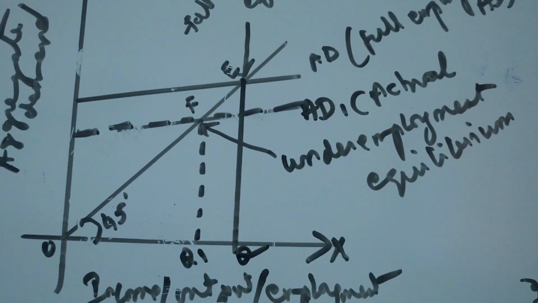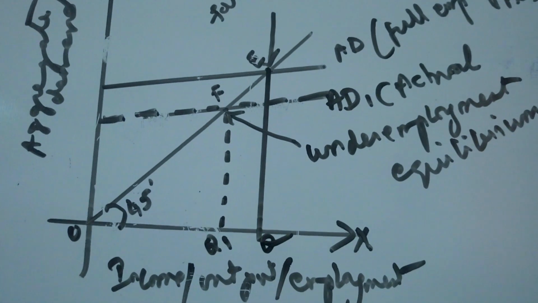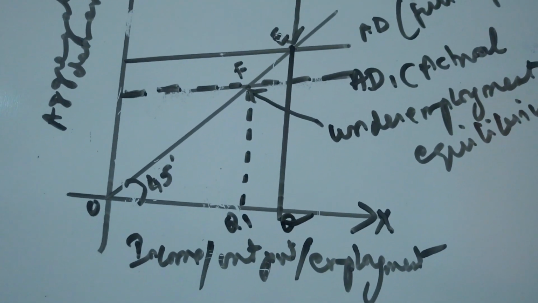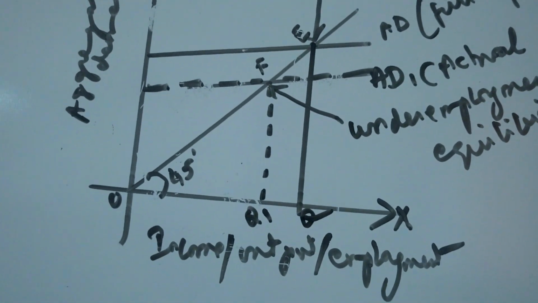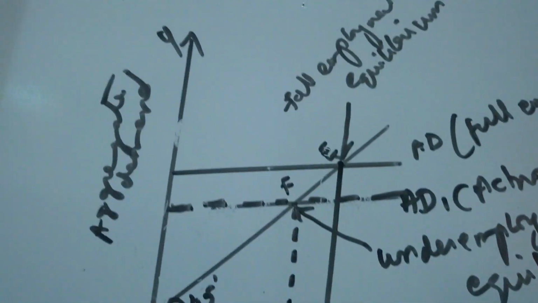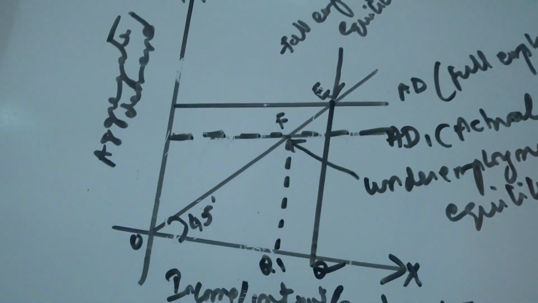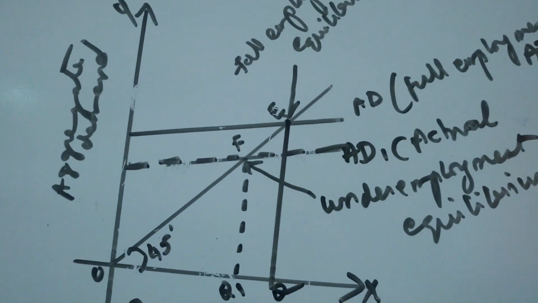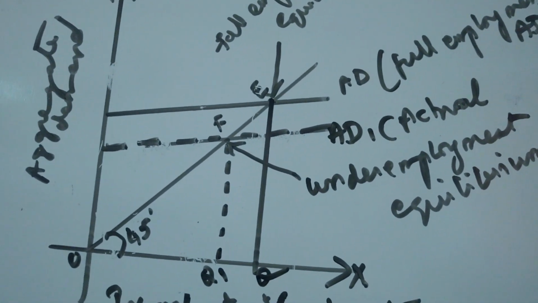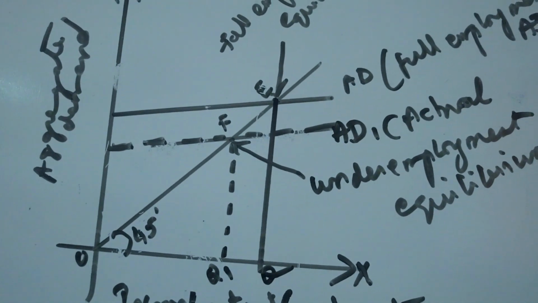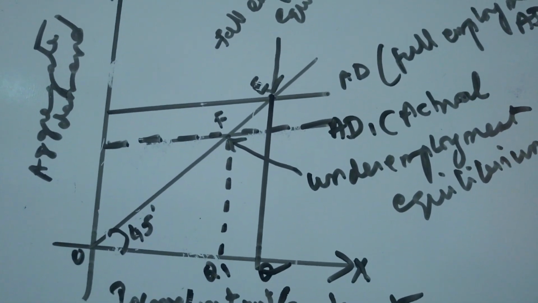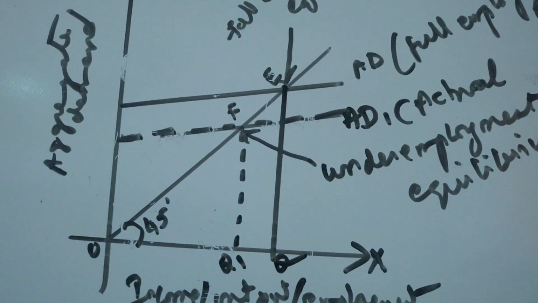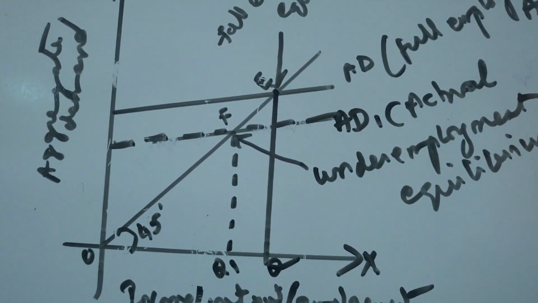So at point F you find underemployment equilibrium. Look at the diagram. So that is actually taking place. So that is why it is written AD1 actual. So OQ1 is less than OQ.